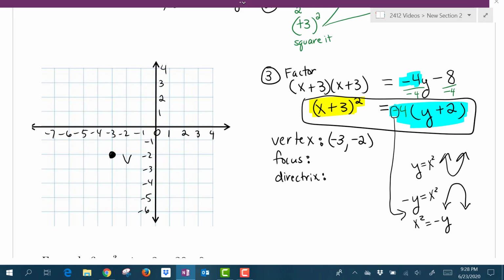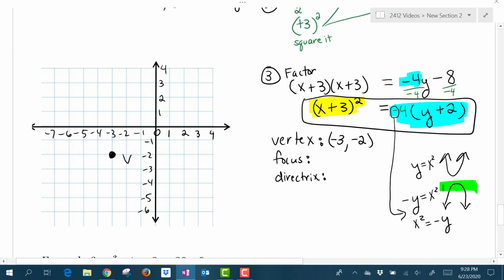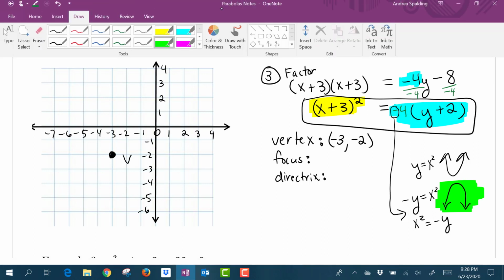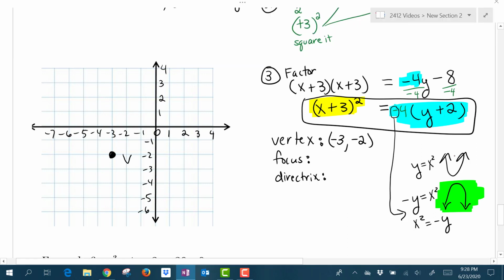That's actually going to flip our picture upside down. So this is the picture that we're looking for. That also implies that our axis of symmetry is vertical. Okay, that's going to help us draw our graph as well.